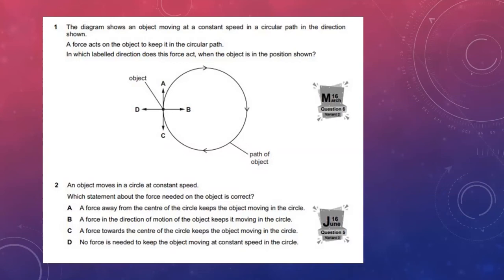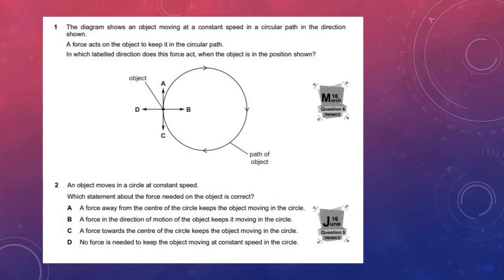The correct answer is C, not D, not B. Why? The question says an object moves in a circle at a constant speed. We said before, when objects move in a circular path with constant speed, there is a force which acts on it toward the center called centripetal force.